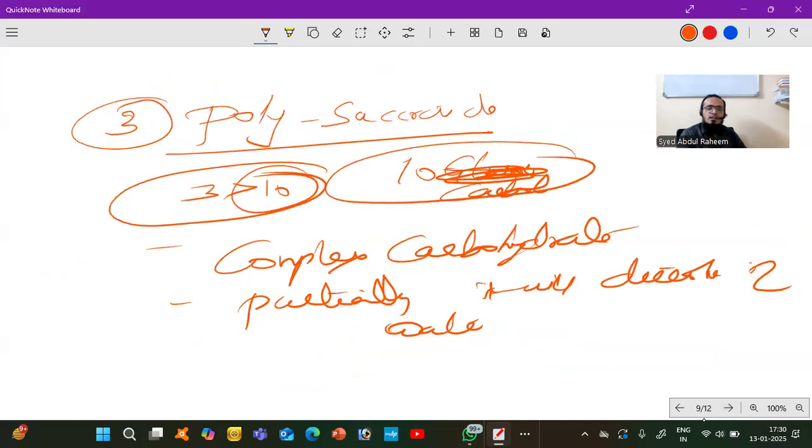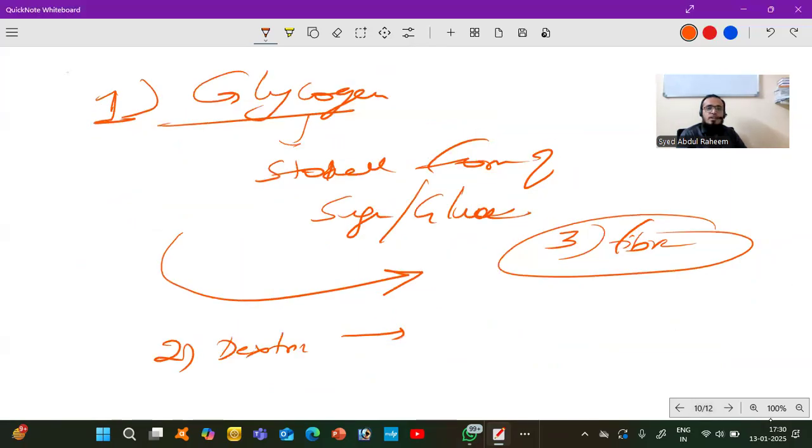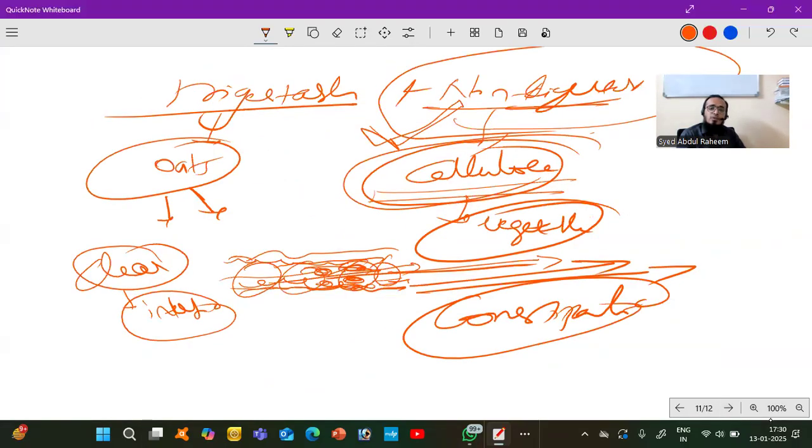Third is polysaccharide, more than 10. Here we have complex carbohydrate and it partially dissolves in water. Examples are glycogen and dextrin. Glycogen is a stored form of glucose. Next, very important, is fiber. Fiber has two types, digestible and undigestible.